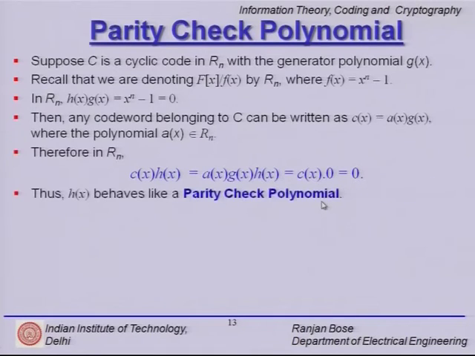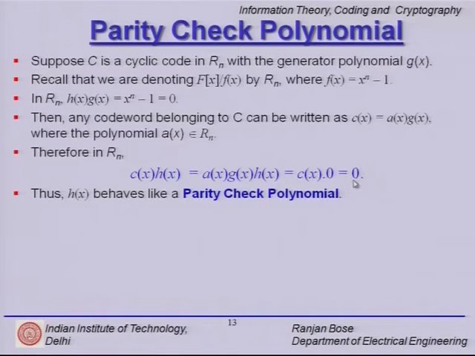So, consequently, h of x behaves like a parity check polynomial. What does it mean? Take any received vector, and if it is a valid code word polynomial, then you multiply it with h of x and take modulo x raised to n minus 1.